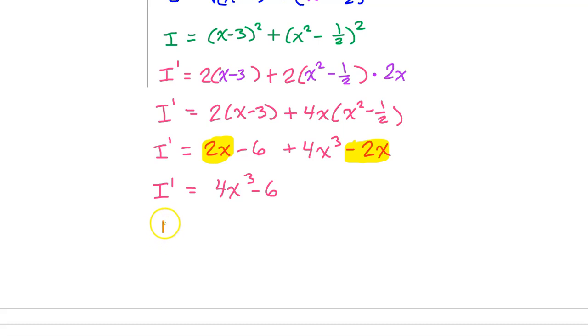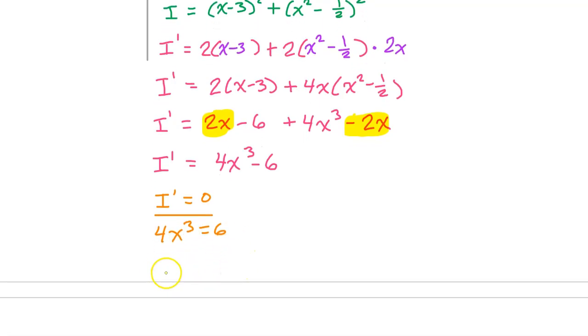Now we need to find the critical values of I, which is where I prime is equal to 0. A polynomial is always defined, so we don't have to worry about where I prime is undefined this time. So setting this equal to 0, I'm going to go ahead and move the 6 over. So we're going to have 4x to the third power is equal to 6.